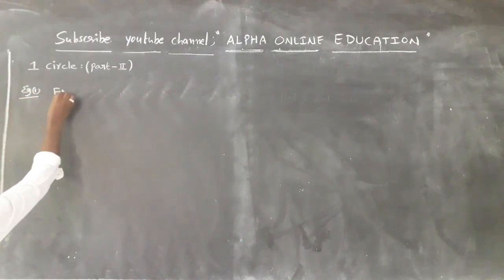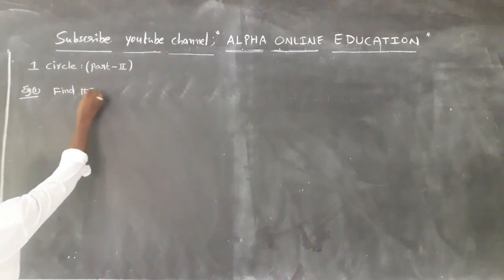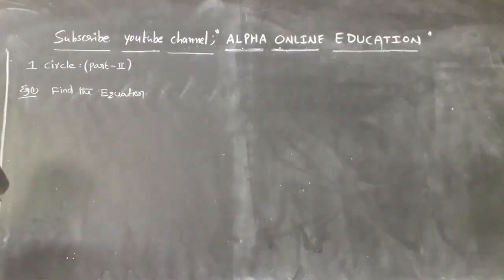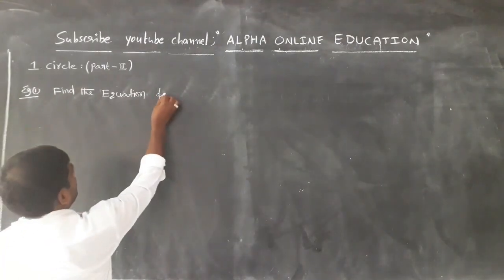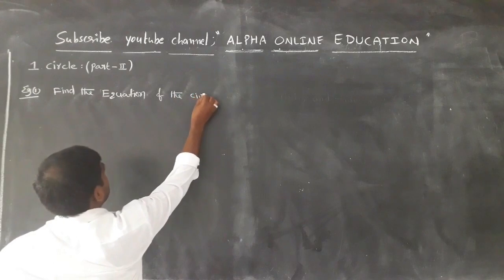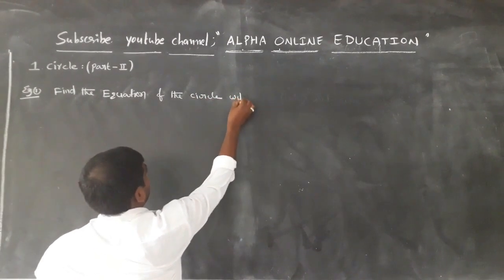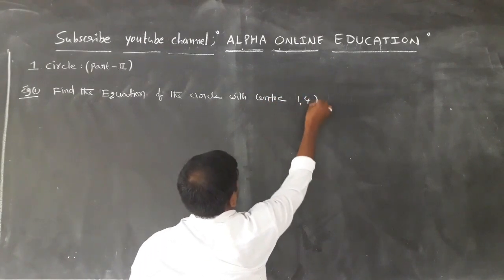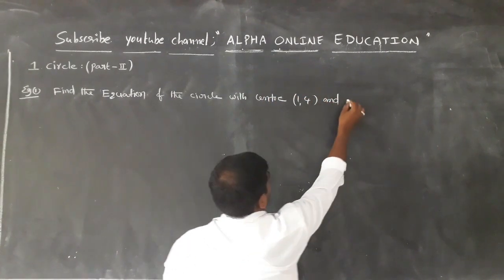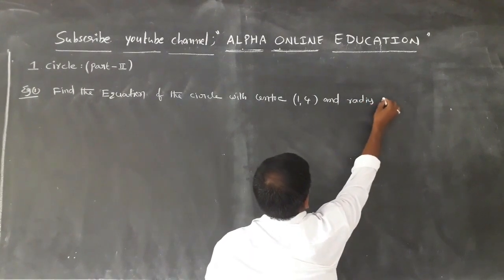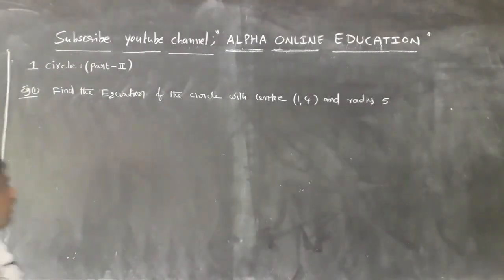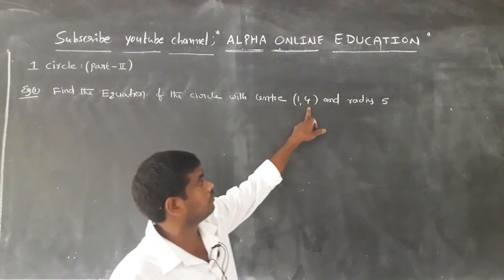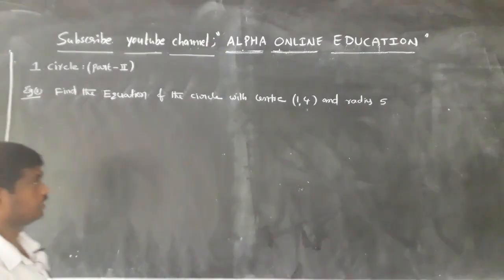Find the equation of the circle with center 1, 4 and radius 5.